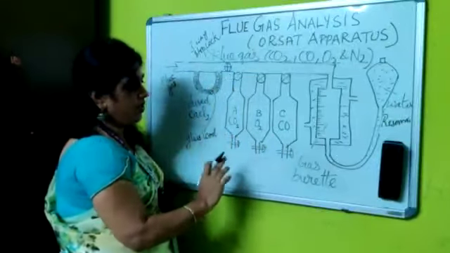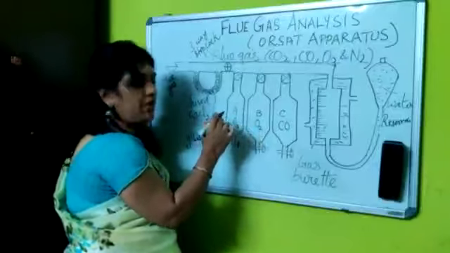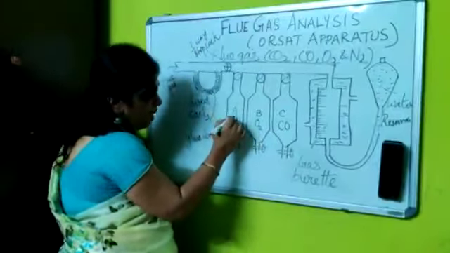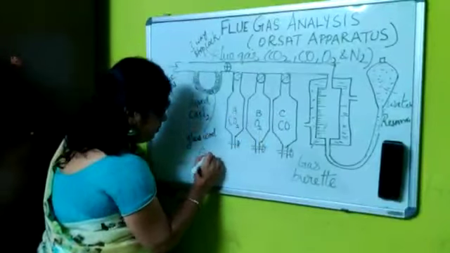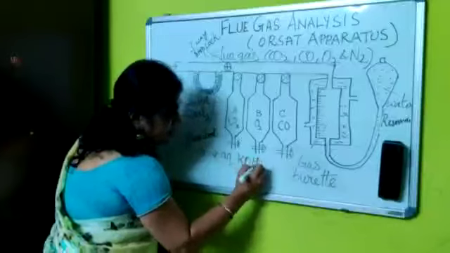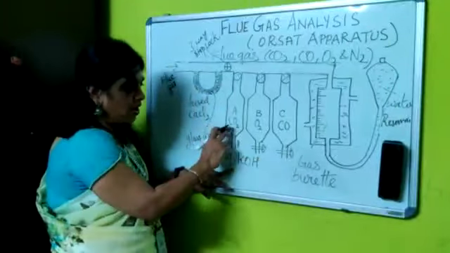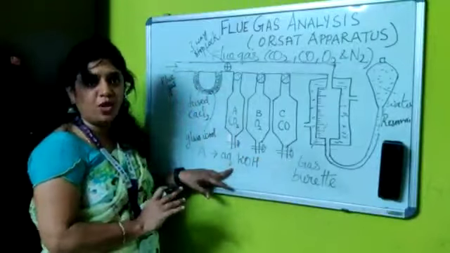First we are going to open only this absorption bulb A. Absorption bulb A contains aqueous KOH solution. This aqueous KOH solution is capable of absorbing all the carbon dioxide present in the flue gas.